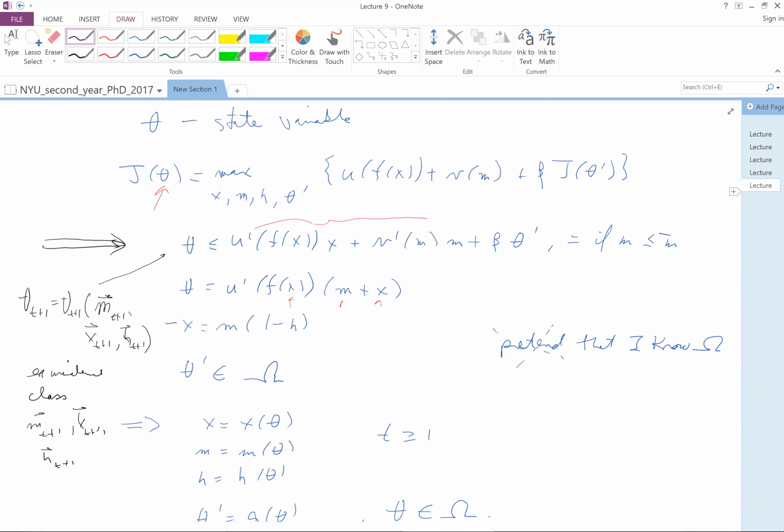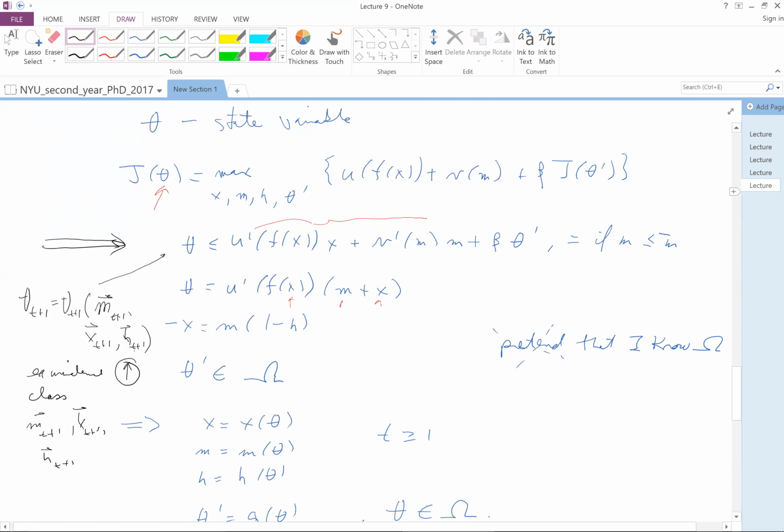So Chang works in terms of this single-dimensional variable, but there actually could be multiple competitive equilibria, competitive equilibrium policies, that give rise to the same theta.